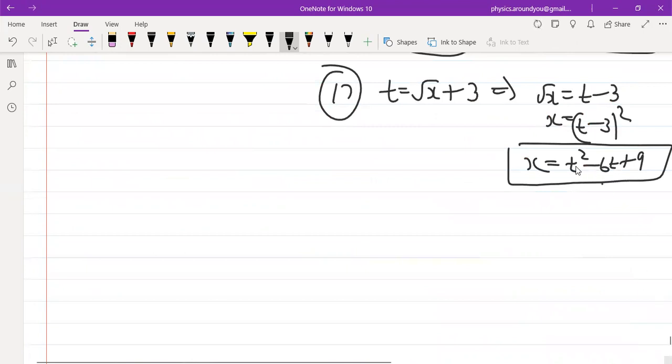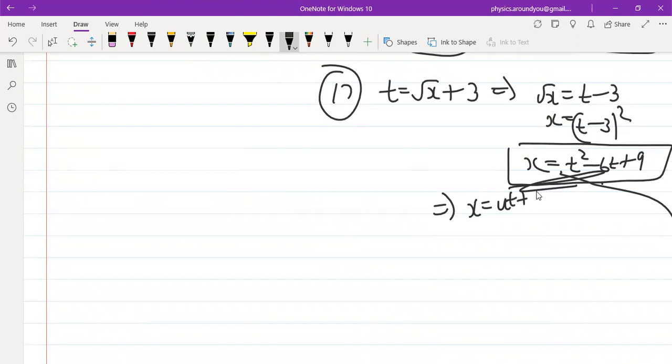I will compare this equation with x equal to ut plus half at square plus x naught, where x naught is the initial position of the particle. The initial position of the particle is 9. Initial velocity would be the coefficient of t, which is 6.